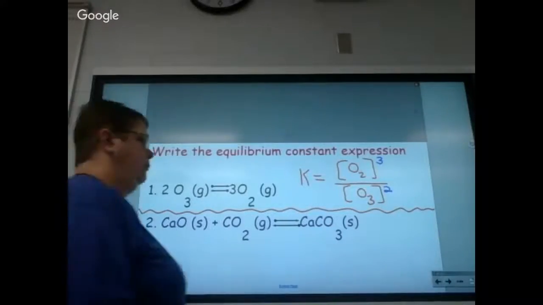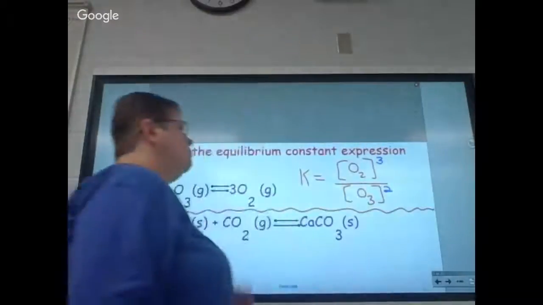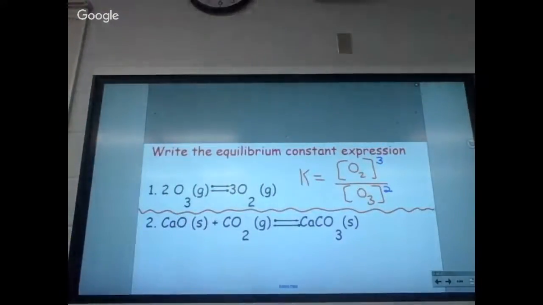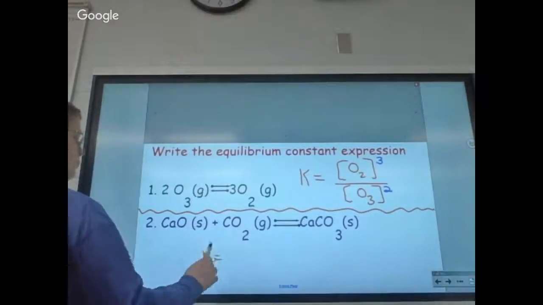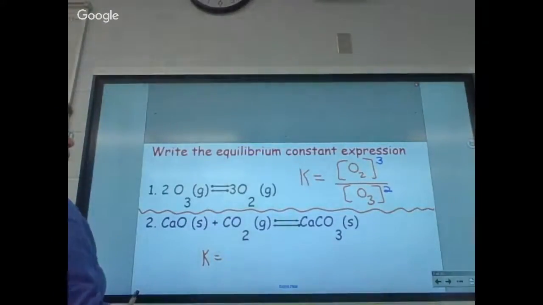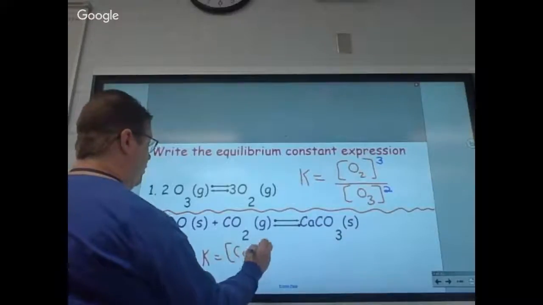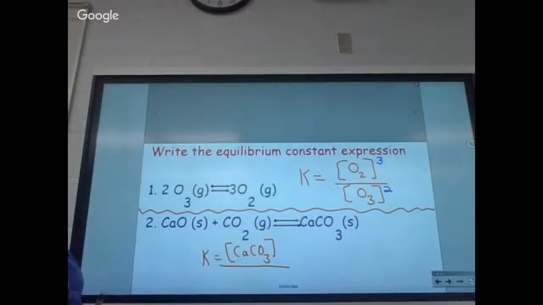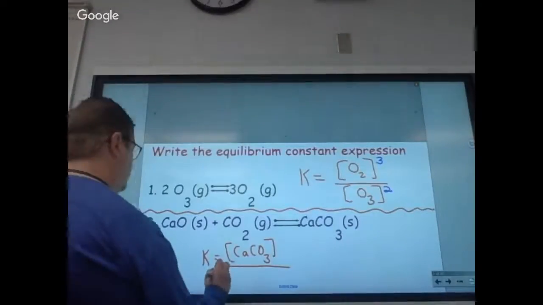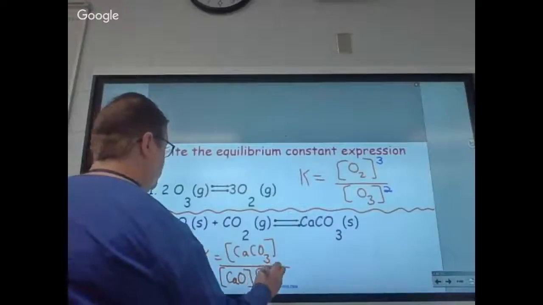Okay. If I do the bottom one. All right. What are my products? CaCO3 over what are my reactants? CaO and CO2.